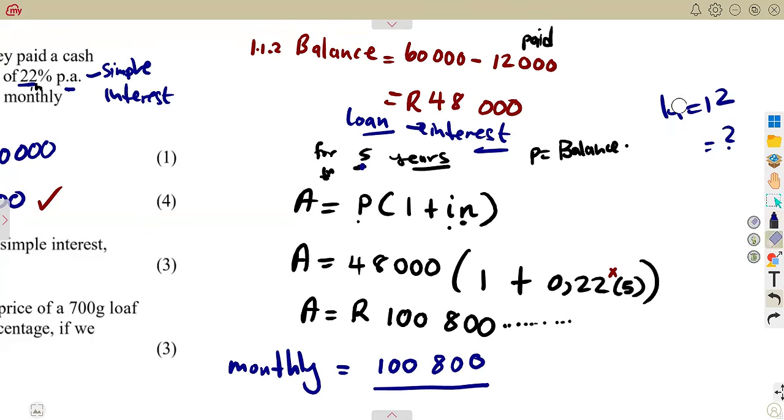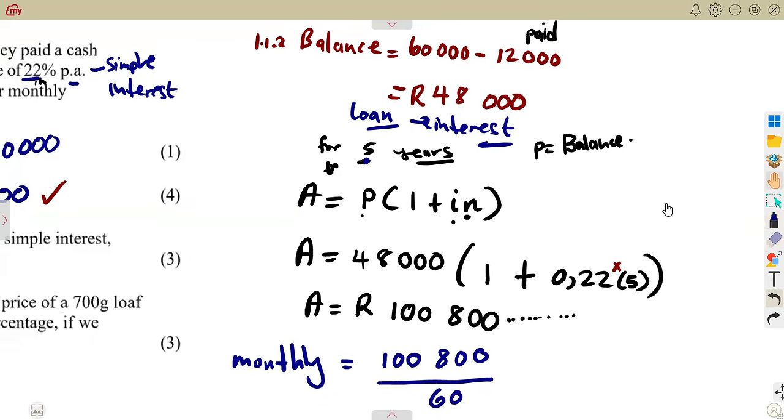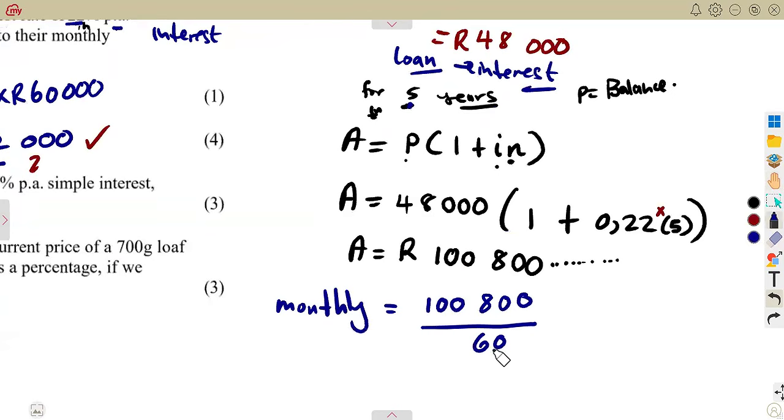So that's 5 times 12, which gives us 60, representing the number of months. This is from the given amount, this is what is supposed to be paid monthly.